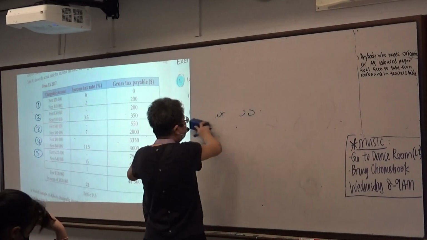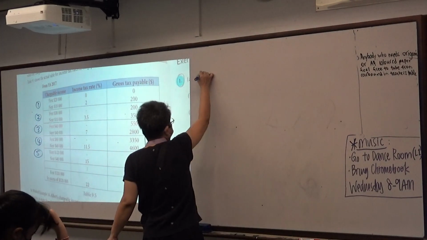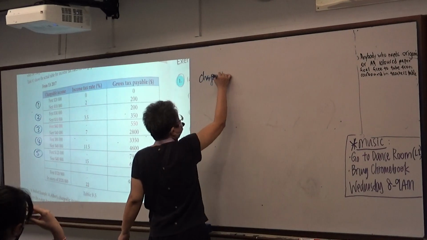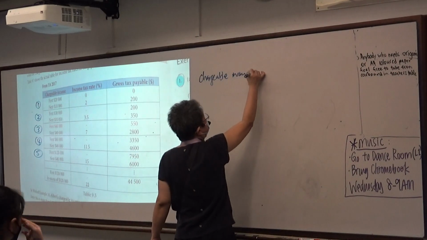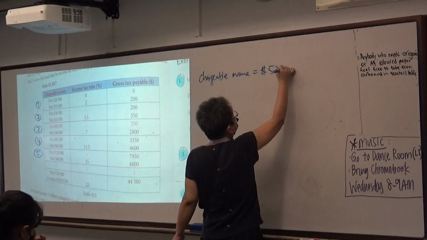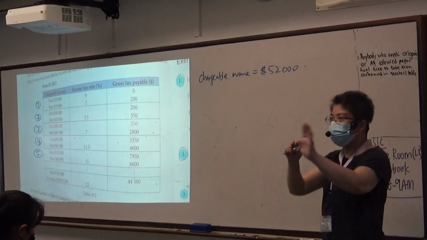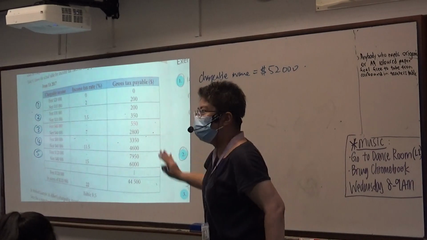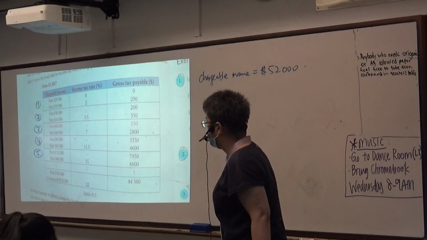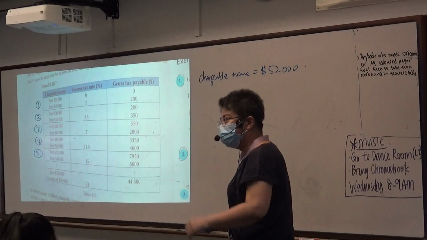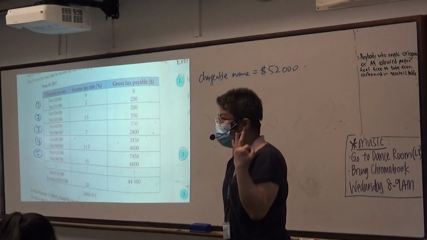For example, the chargeable income is $52,000. Okay? First of all, the whole class decide which row do I choose. Just tell me the number. 3. Is this correct?